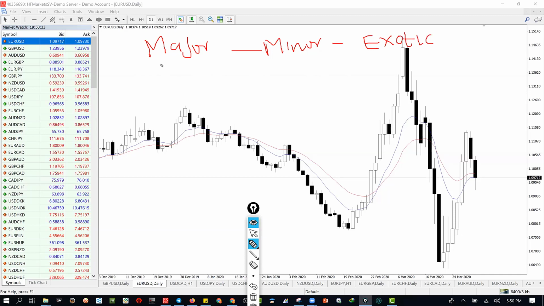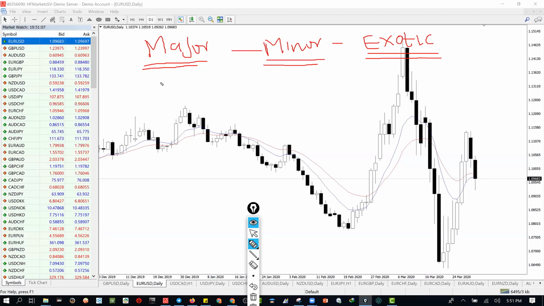Most of the spread on the major currency pairs depends on your brokerage firm. That is why it's advisable, if you want to start trading, to choose a reliable, trustworthy, and honest brokerage firm. Major currency pairs always have very small spreads, smaller than the minor and exotic pairs.